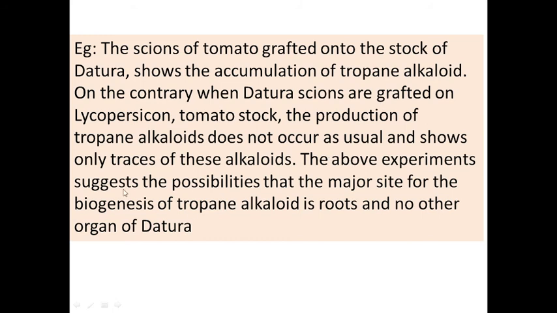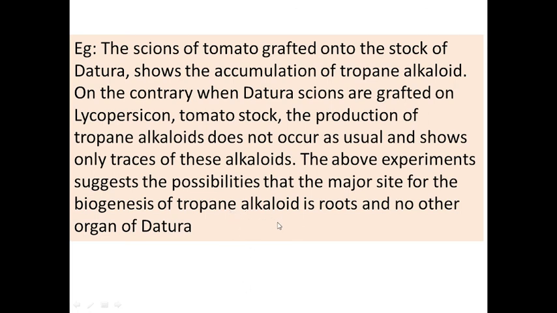The above experiment suggests the possibility that the major site for biogenesis of propane alkaloid is the root and no other organ of datura. So for the propane alkaloid biosynthesized in datura, the root is the major organ of biosynthesis, and no other organ of datura synthesizes it.